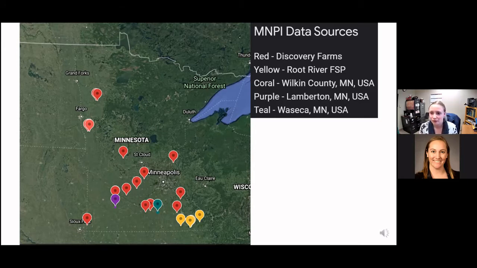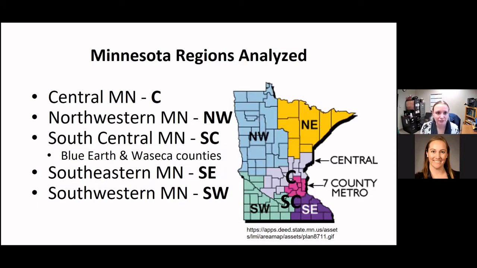And then Minnesota regions analyzed. We have 5 main regions that were studied. Central Minnesota, as you can see, labeled on the map to the right here, we have those 2 pinkish purplish colors in the middle of the state for central. Northwest Minnesota in blue, South Central Minnesota, like Blue Earth and Waseca counties, between the southwest and southeast parts of Minnesota here.